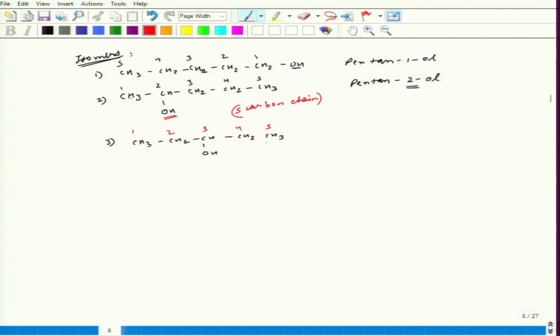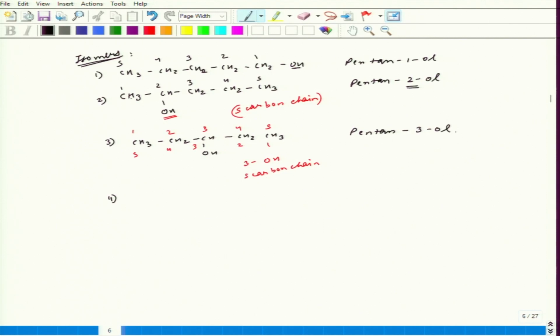What if we number it from right to left? 1, 2, 3, 4, 5. Same. The substituent is on 3 position, and it's still a 5 carbon chain. So the name is going to be pentane, the substituent is on position number 3, pentan-3-ol.